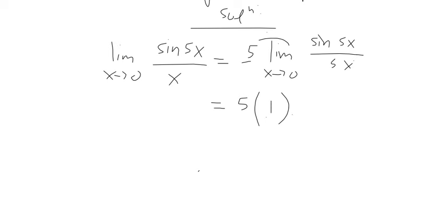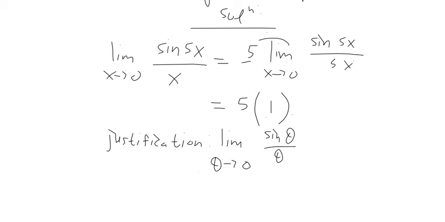And the justification for this is that there's a formula: the limit as theta approaches 0 of sine theta over theta is equal to 1, where in this case theta was chosen to be 5x. So my 5x is my theta here. I noticed that the limit as theta approaches 0 of sine theta over theta is 1. Substitute that in for this portion here, 5 times 1.